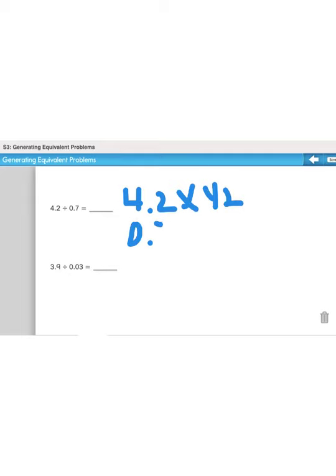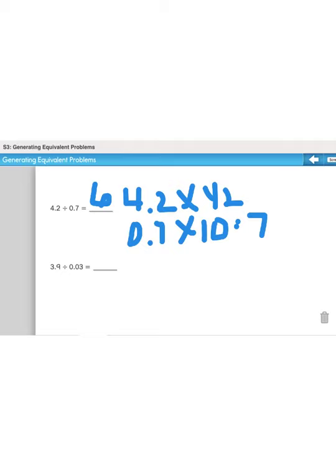And 7/10 times 10 will give us 7. Then we all know that we can do in our head 42 divided by 7, which equals 6. So the answer to 4 2/10 divided by 7/10 is 6 because those are equivalent problems.